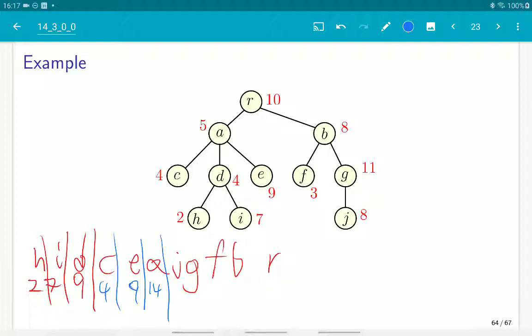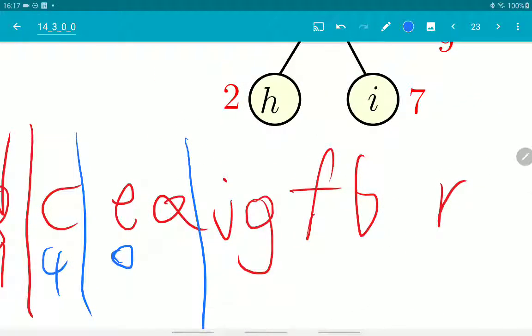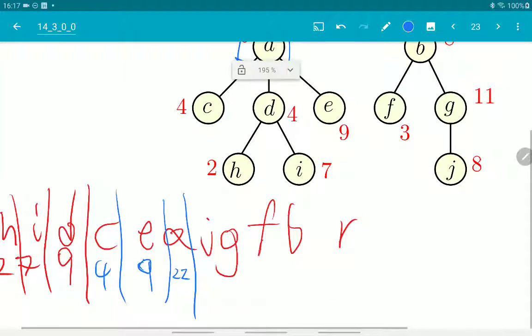The other option is that we don't take it, and then we have to take the optimal of C, D, and E. C, D, and E, it's 9, 4, 9, which is of course better, so this is 22. Oopsie. 22. Okay.